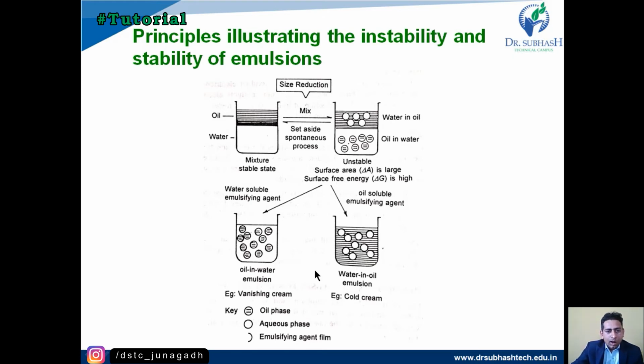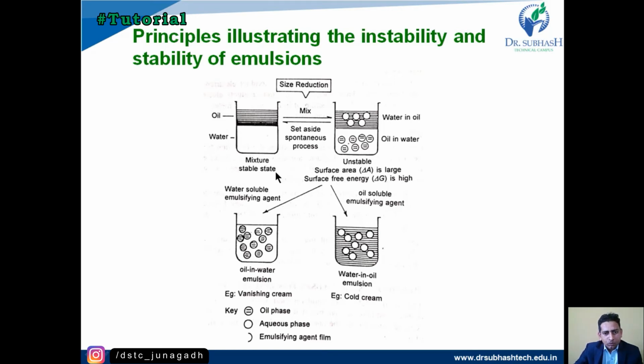Now again, if there is a change in the stability, these small globules will come closer and fuse together, so four globules will be converted into two globules, and then into one. If this process occurs again, it will come to a stable state.